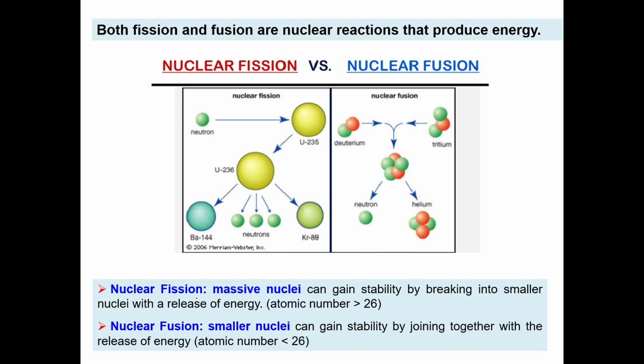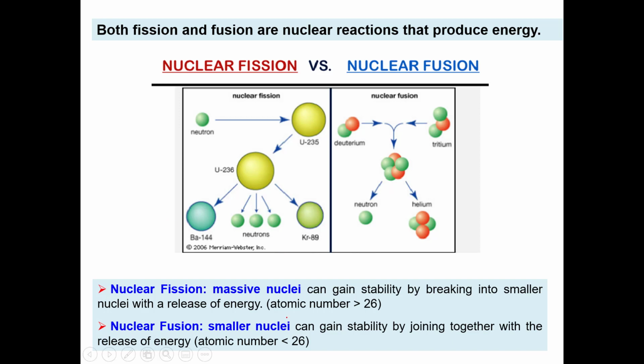In nuclear fission, an unstable larger nucleus breaks into smaller nuclei and releases some energy. They break into smaller nuclei to be more stable, because the nucleus gains stability when it breaks into smaller nuclei.